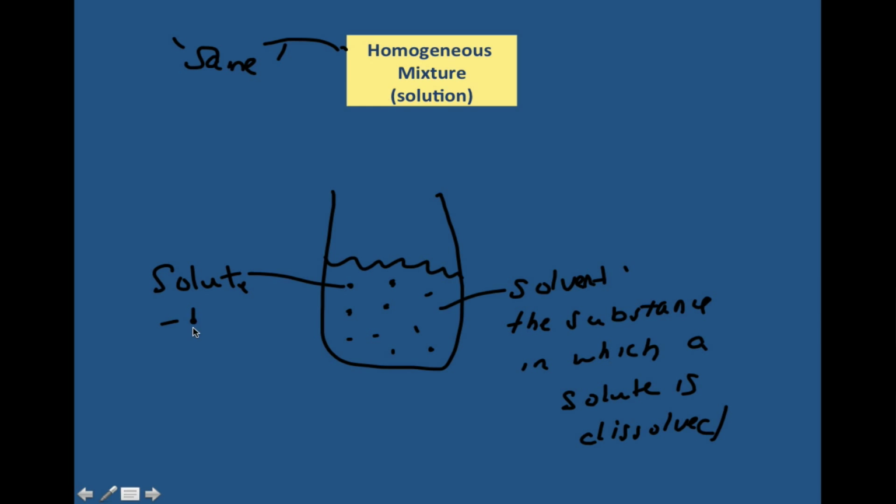The sugar is the substance that is dissolved. So the solution would look uniform throughout, the same. And again, the solute would be what is dissolved, and the solvent is the dissolver. Another example of a solution would be blood plasma.